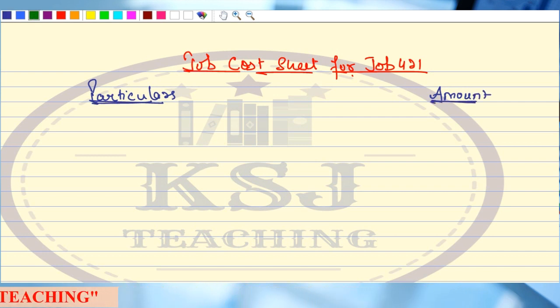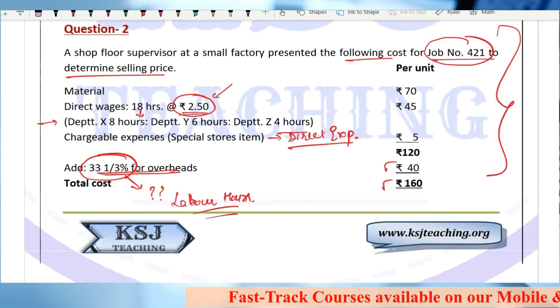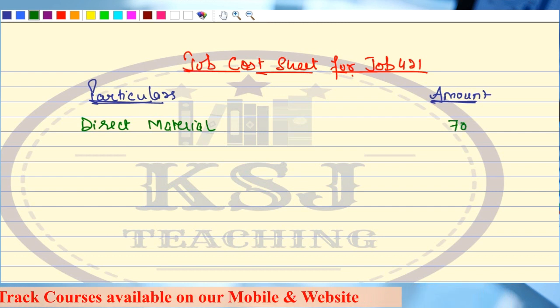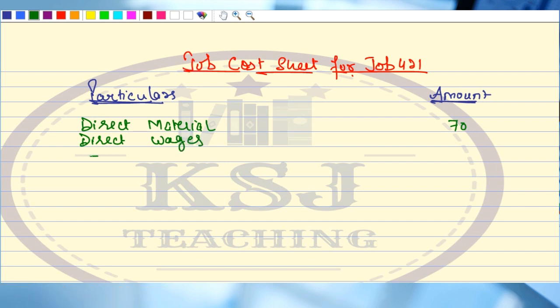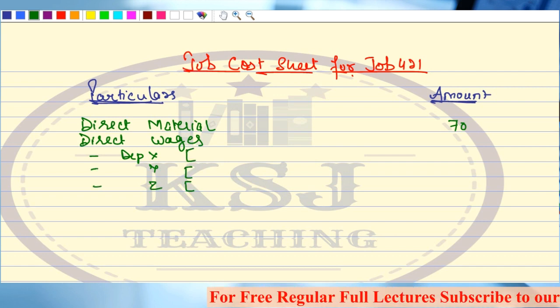Right, sir. So first we are going to take direct material. Now direct material is correctly given to us. There is not going to be any change in the direct material. That is 70 rupees. No issue, sir. We will take 70 rupees. Then we are going to take direct wages. Direct wages for department X, Y and Z. How many hours in each department are you given?